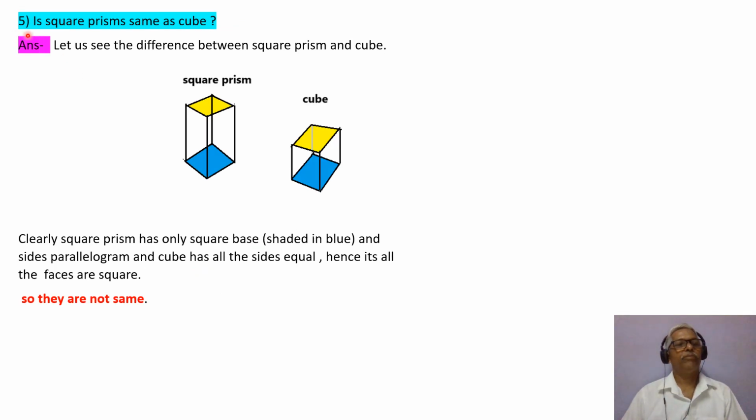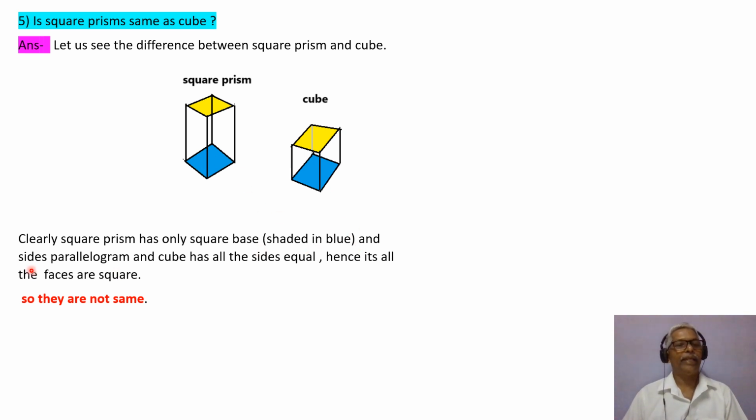Now fifth one, is a square prism same as a cube? Answer, let us see the difference between square prism and cube. Look at these diagrams. This is a square prism and this is a cube. Okay, and go to the comment here. Clearly square prism has only square base shaded in blue.